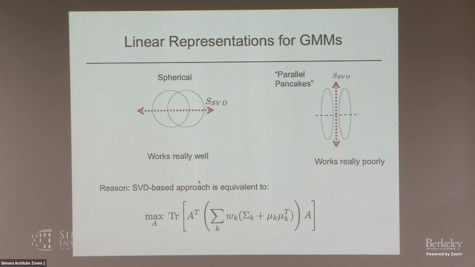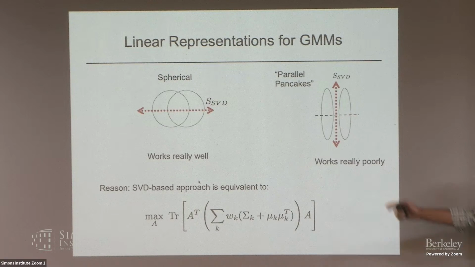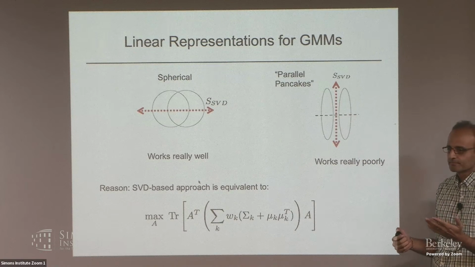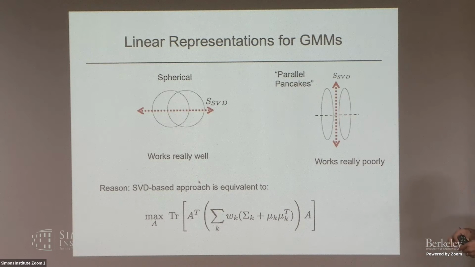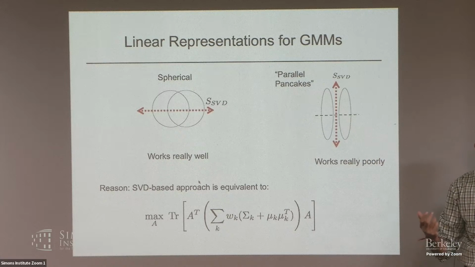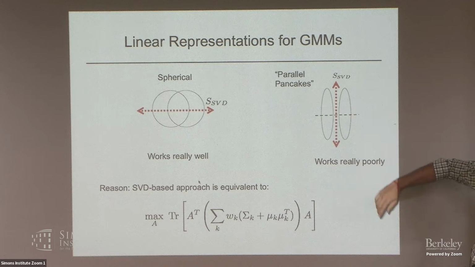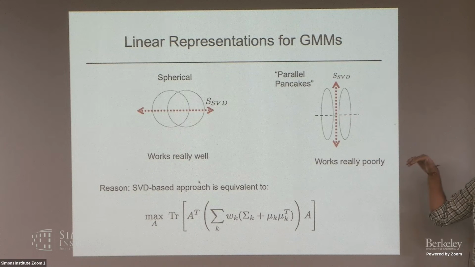So when does this work well? SVD is the SVD-based subspace. If you have spherical Gaussians, it works really well. On the other hand, this is from one of Vempala's papers, the parallel pancake example. If I have 2 Gaussians in high dimension, in this case 2-dimensional space, which are like pancakes in the sense that they have very high variance in the same direction, and very low variance in the direction that separates their means.